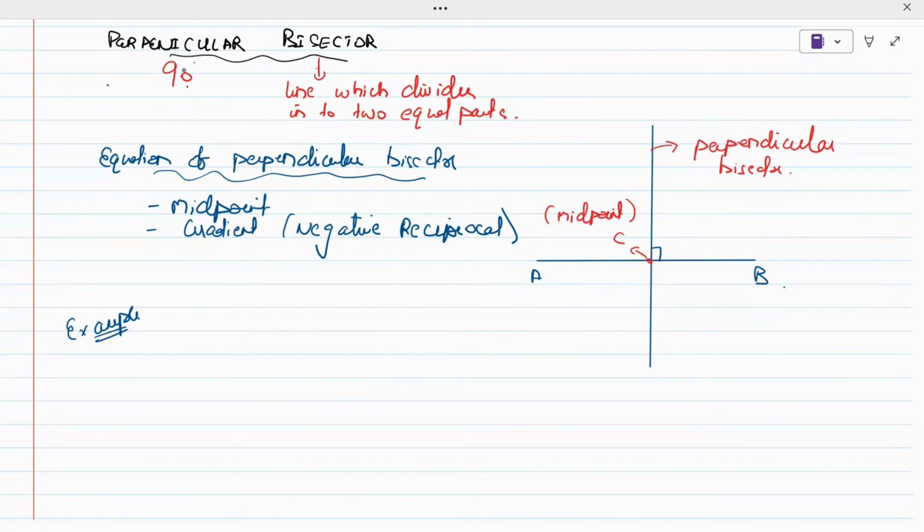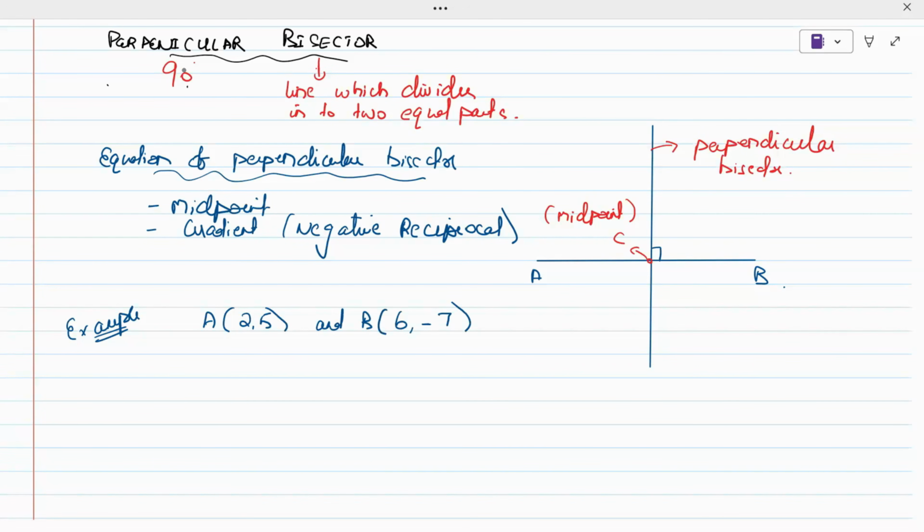So let's suppose we have the two endpoints as A, which is, let's suppose, 2, 5, and we have another point B, which is 6, minus 7. These are the 2 points with us.